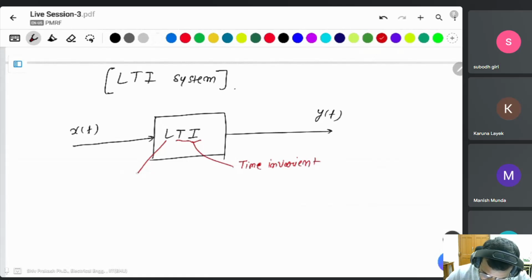This is the linear. Linear has two properties, additivity or superposition, and the second one is homogeneity.